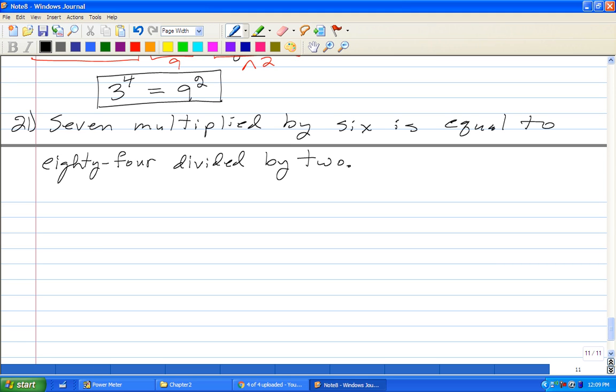Okay, and so 7 multiplied by 6 is equal to 84 divided by 2.